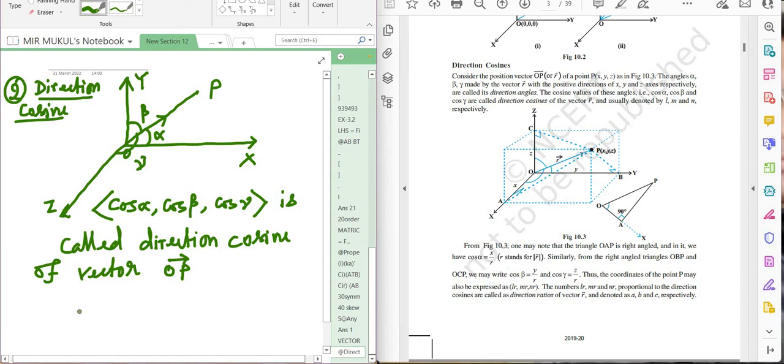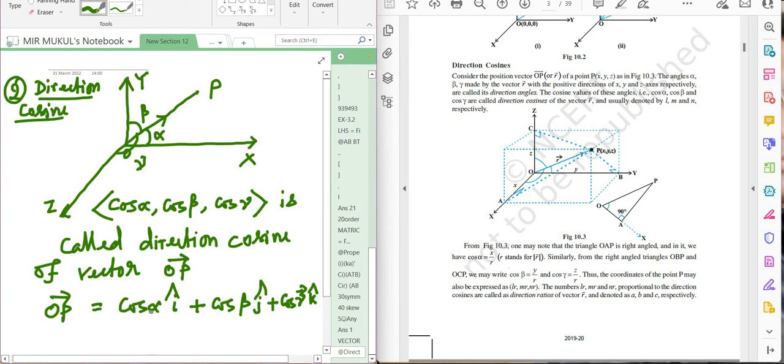And if you want to write this vector, then vector OP can be written as cos alpha i plus cos beta j plus cos gamma k, where i, j and k are the unit vectors along x-axis, y-axis and z-axis.